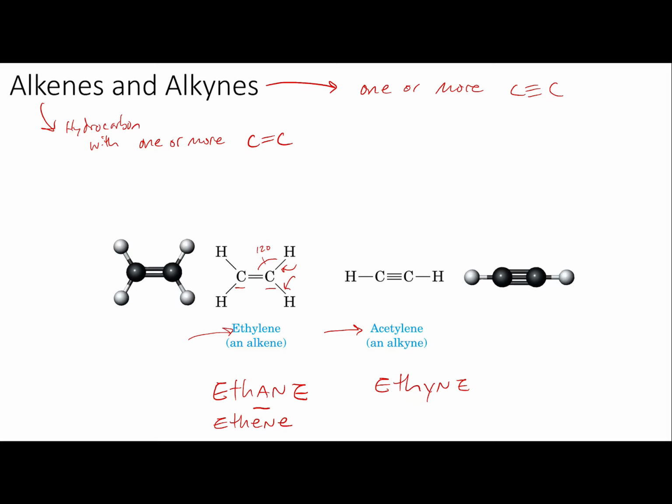If it has another double bond, then we would consider that to be linear. Of course, this wouldn't be an alkene because this wouldn't be two carbons, but double bonded carbons are going to be 180 degrees. Now, whenever we have a double bond, just one, we'll see 120 degrees.